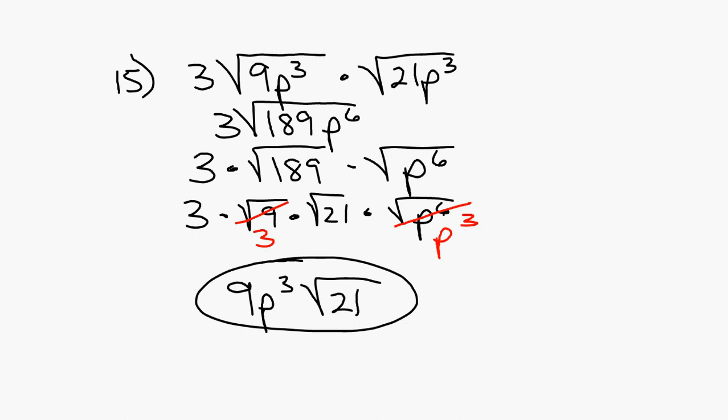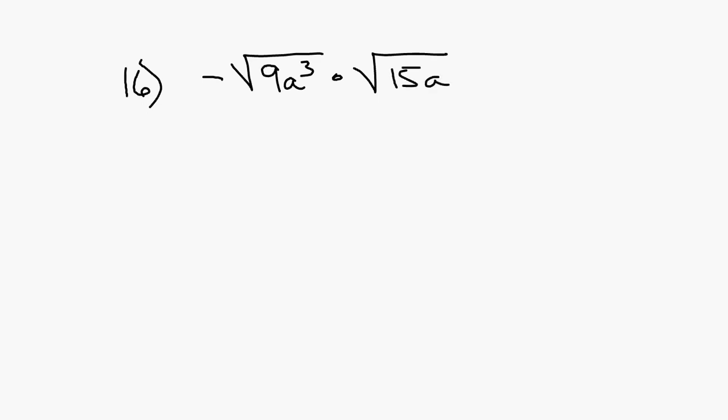Number 16. Okay, again, this negative sign in front of the radical is the same as the negative 1. Now, under the radical, put this back together. 9 times 15 is 135.